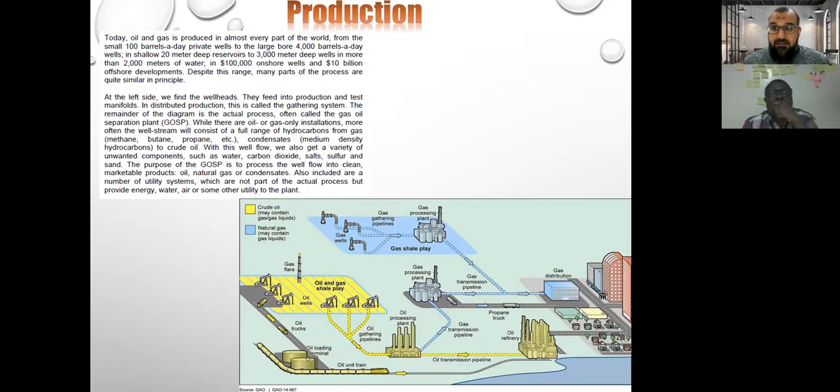This is a very common small facility like what you can see on the screen below. GOSP means gas oil separation plant. It is to separate the gas and oil from each other. So you need to separate gas from oil, and you will go to this GOSP, gas oil separation plant, to separate the oil from the gases.